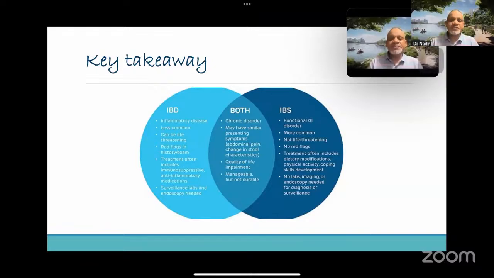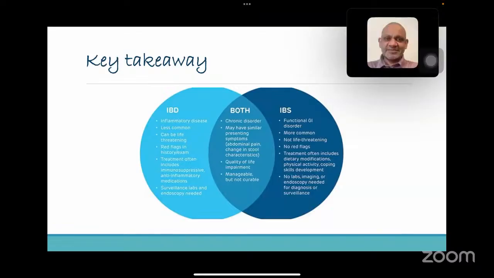No worries. Okay, so like I mentioned, inflammatory bowel disease has red flag symptoms in the history and examination, while in irritable bowel syndrome there are no red flags. The treatment of inflammatory bowel disease often includes immunosuppressive and anti-inflammatory medication, while the treatment of irritable bowel syndrome often includes dietary modification, physical activity, and coping skills development, but there is no pharmacological treatment for it.